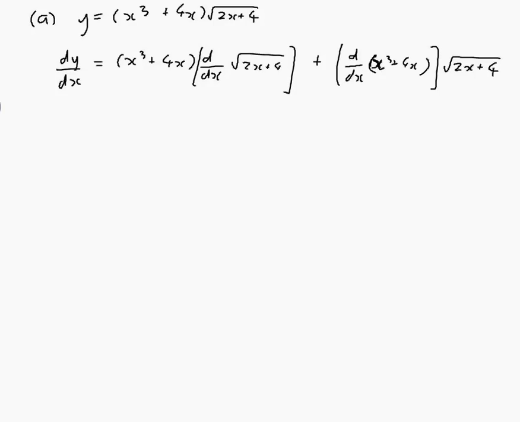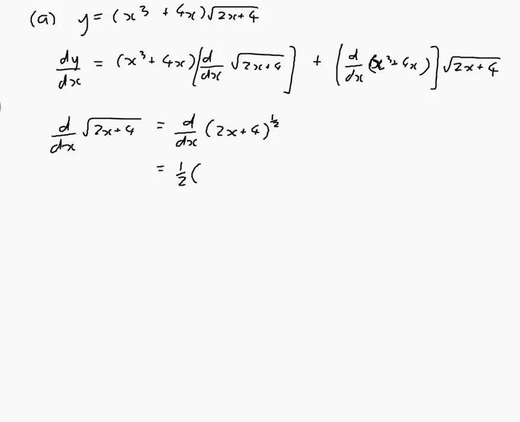Okay, so let's find out what those little derivatives are. d on dx of the square root of 2x plus 4. Well, 2x plus 4 square rooted is really 2x plus 4 to the half. So when I differentiate, I'll put the half down here.